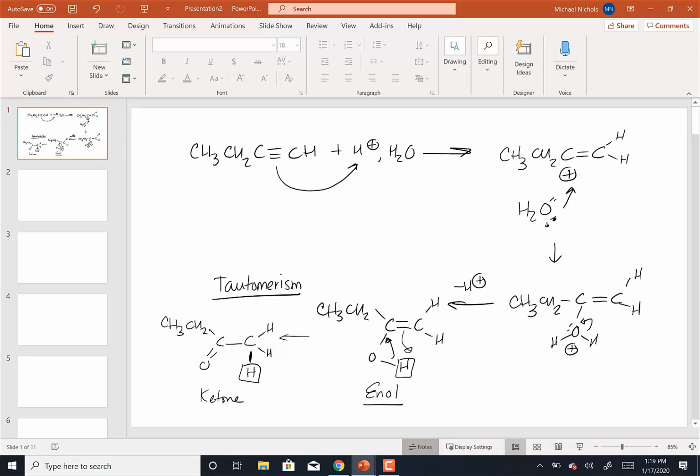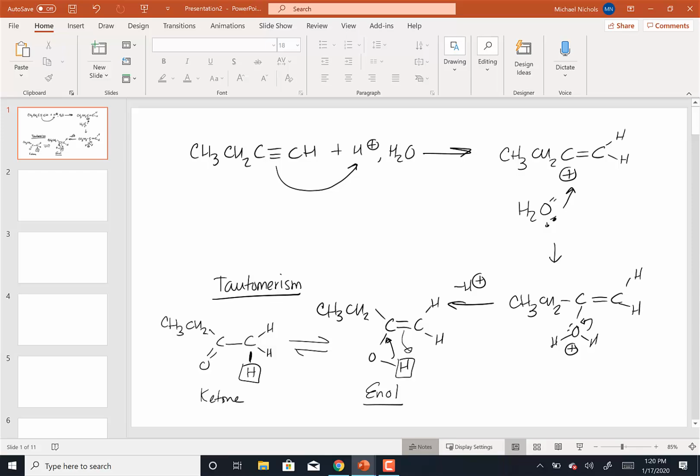That's not allowed. And in this case, I did both. So this is a tautomerism. The arrows for this are a set of equilibrium arrows.